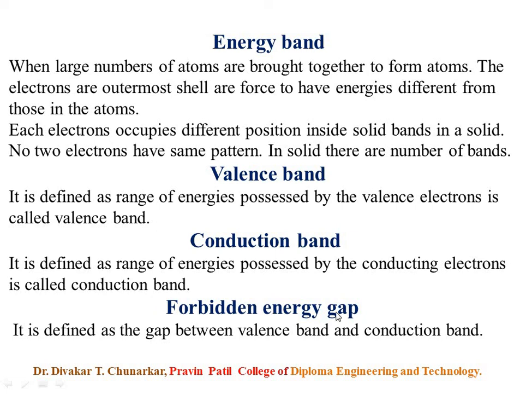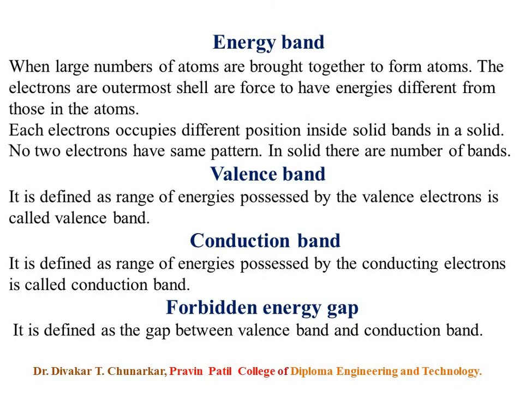The gap between the valency band and the conduction band is called the forbidden energy gap. We will explain valency band, conduction band and forbidden energy gap again in the next lecture.